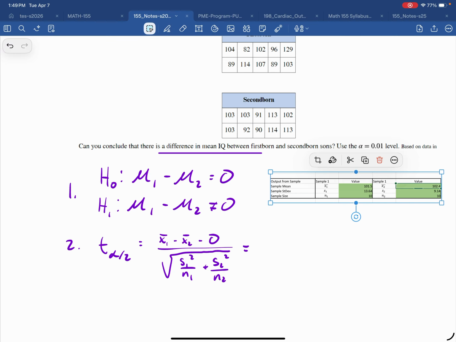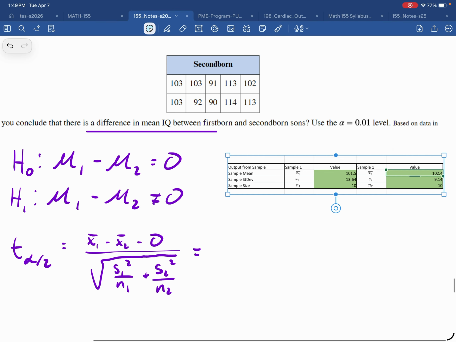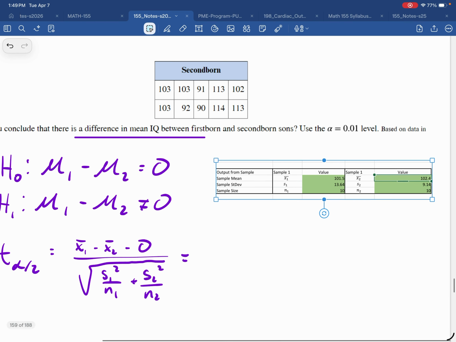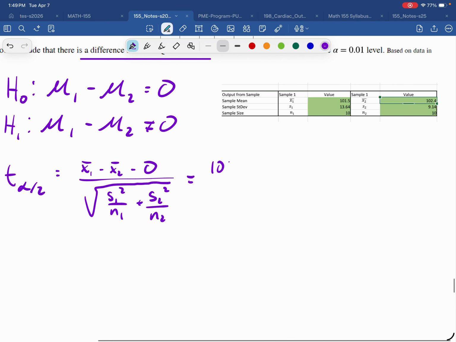Okay, so let's just do the t statistic by hand, and then we can check the Excel work to see if we get the same thing. We are getting 101.5 minus 102.4, and then minus 0, whatever.